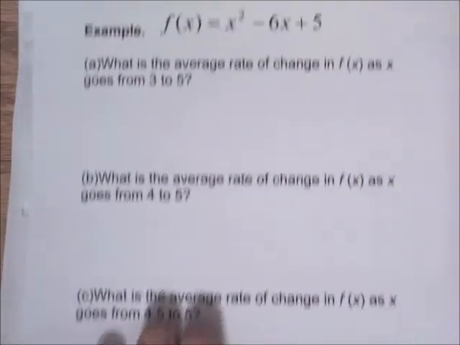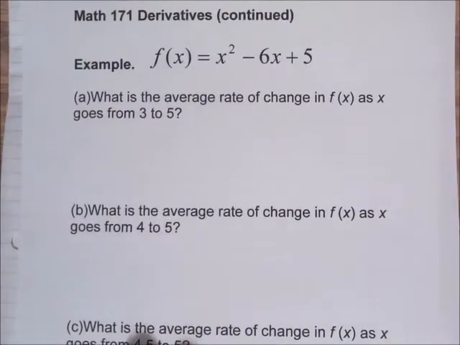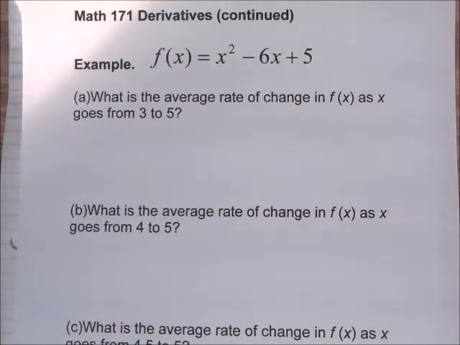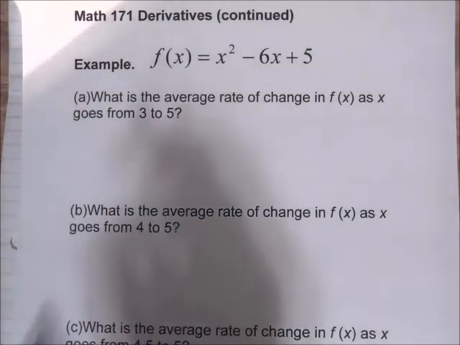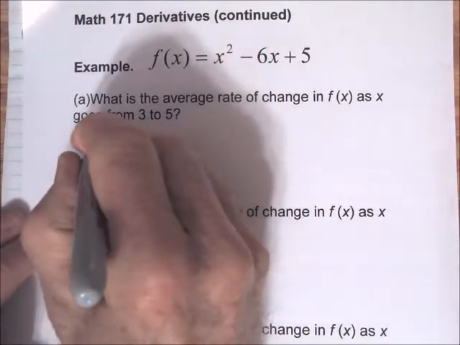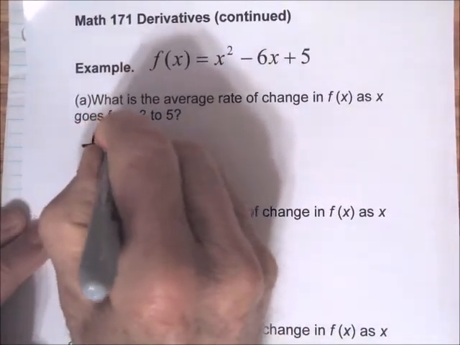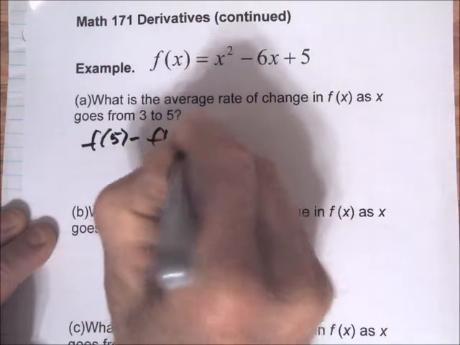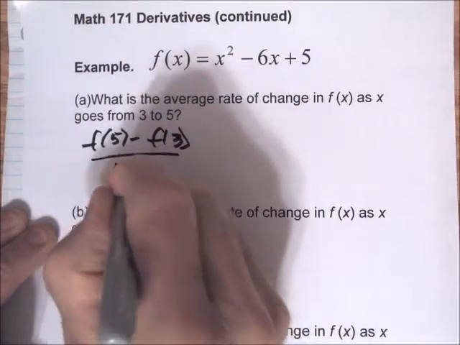So here we have a function f of x, and we want to apply this formula. The average rate of change as x goes from 3 to 5, we could write as f of 5 minus f of 3 over 5 minus 3.